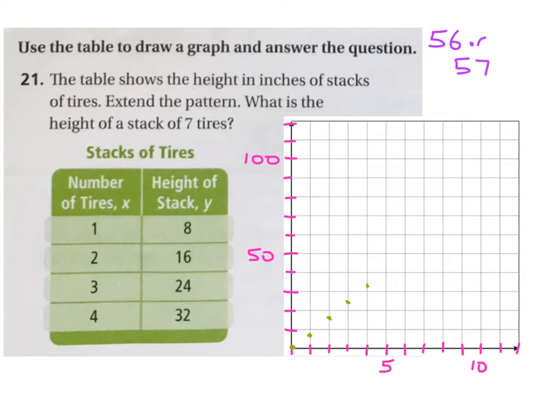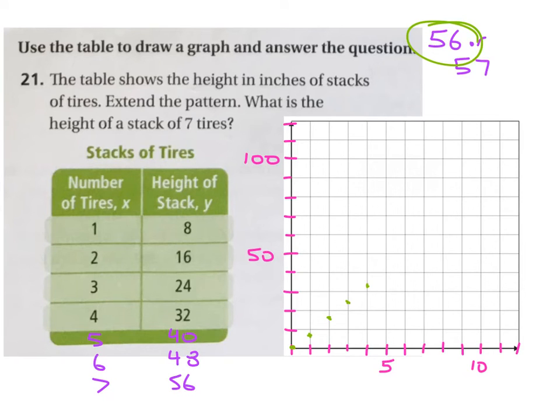Every time you go up here by 1, we increase this by 8. Another 1, another 8, another 1, another 8. And if I extended the table, we would get 5 would be 40, 6 would be 48, and 7 would be 56. Aha, that's 56. That's where it should be. I was guessing something close to that.